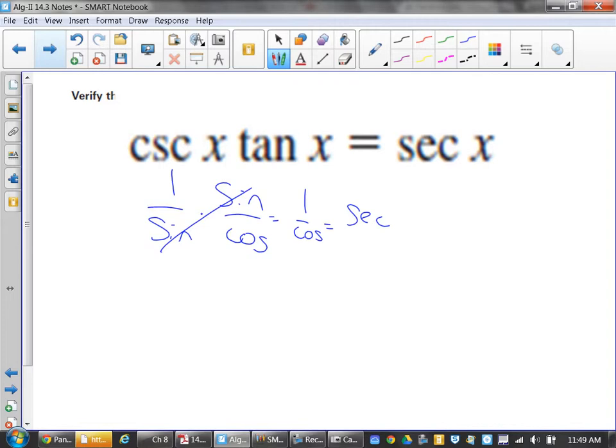A lot of times in these types of problems, and this is very common, working with fractions, you're going to forget that this cosine is in the denominator. That's probably what you just did. Just be careful. You guys forget what's in the denominator versus the numerator.